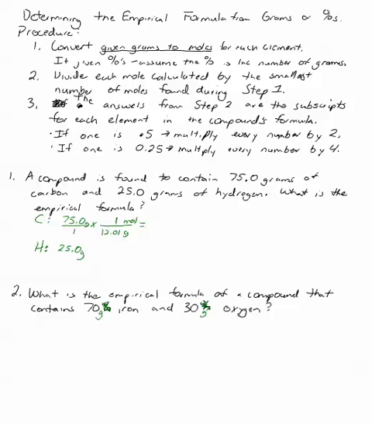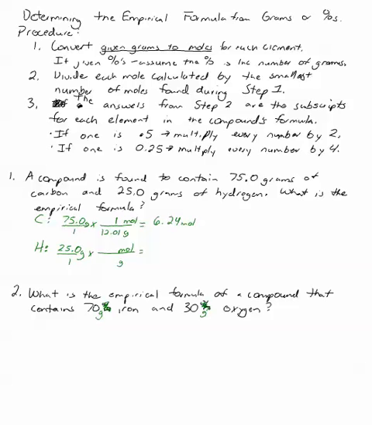If we do that, we find that for our carbon, we have 6.24 moles. Now let's do the same for our hydrogen. We want to get rid of our grams, so we put it on bottom. We want to go to moles, so we put that on top.